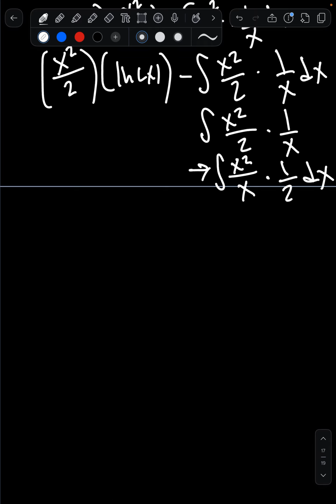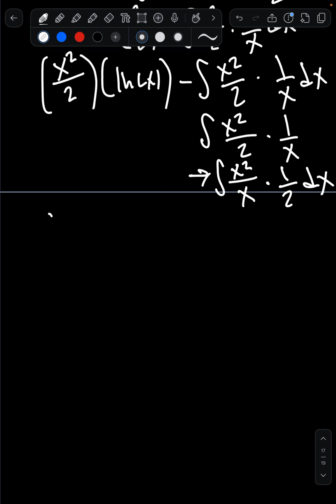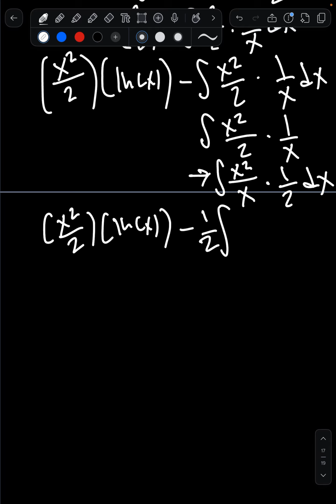Looking at it like this, you can see how the x's cancel out, but you also can see that the 1/2 is constant and can be pulled out of the integrand completely. So let's rewrite this. Now, minus 1/2, because we pulled the 1/2 out of the integral because it's constant, and x squared divided by x is just x.